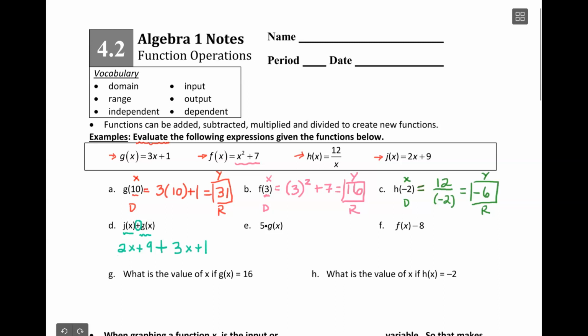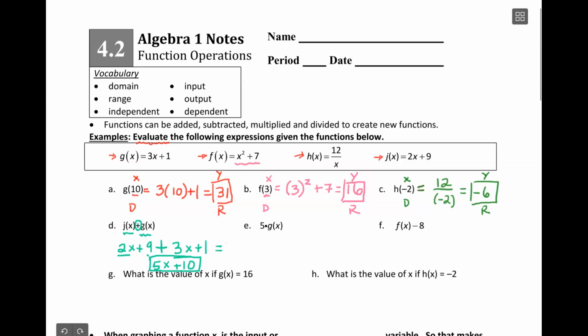And so we're going to combine any like terms. So 3x plus 2x or 2x plus 3x is 5x. I'm going to write it down here, 5x, and then my constant plus my constant is plus 10. So you can actually combine or do operations with functions themselves. It's really just simplifying expressions.